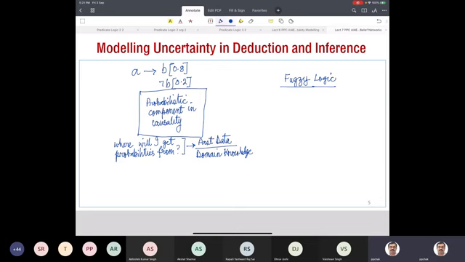So one is probabilistic logic, where probabilities are associated. In fuzzy logic, which is also called possibility theory, it is based on the notion of graded truth.